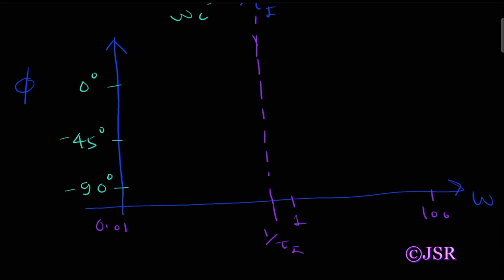So when omega is equal to corner frequency, that is 1 upon tau I, the angle is 45 degree.